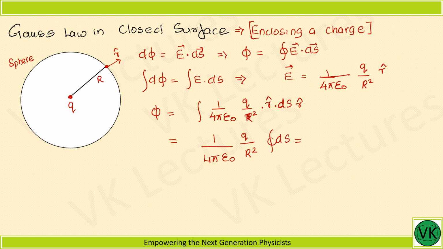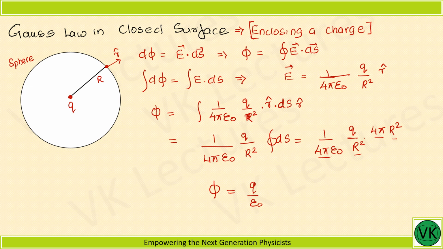So closed integral ds, that is the total surface area of the sphere, that will be 4 pi capital R square. So that's equal to 1 by 4 pi epsilon naught q by R square into 4 pi R square. So 4 pi R square and R square get cancelled. So total flux phi is equal to q by epsilon naught.